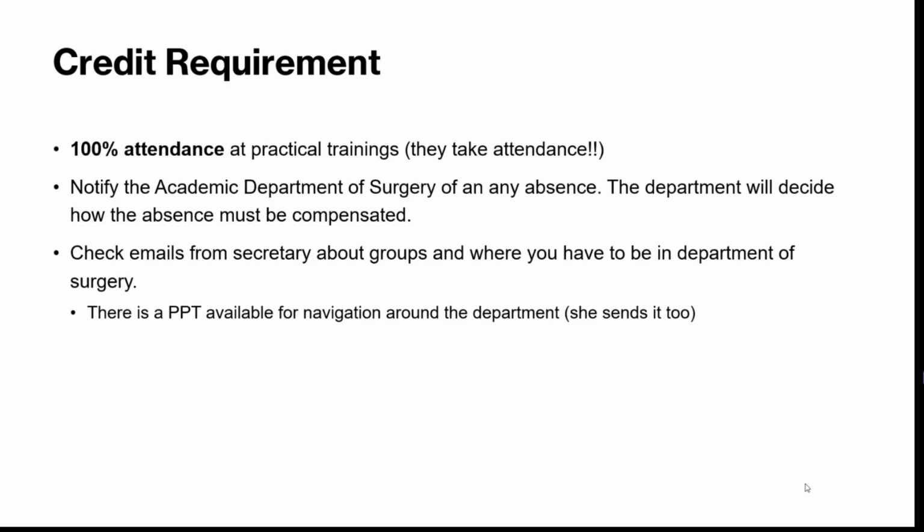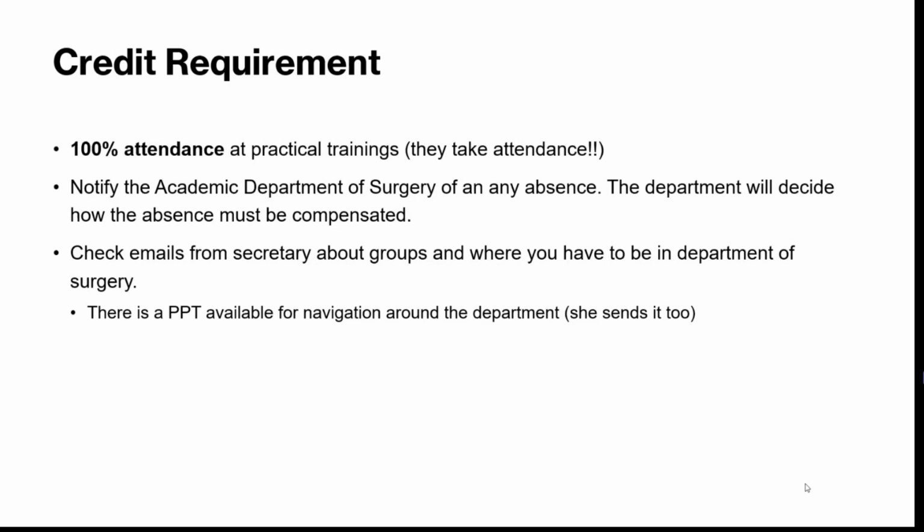If you think that you are going to be absent, it's best if you inform the department, particularly the secretary, in advance, and perhaps they will find a way to schedule an alternative class or a replacement class for you.